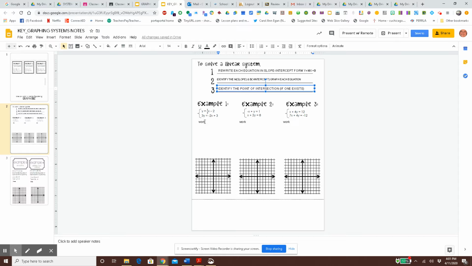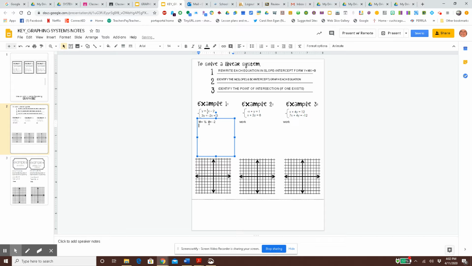So example 1, y equals 1/3 x minus 2, and 3y equals negative 2x plus 3. The first equation is in slope-intercept form, so I can see that m equals 1/3 and b equals negative 2.